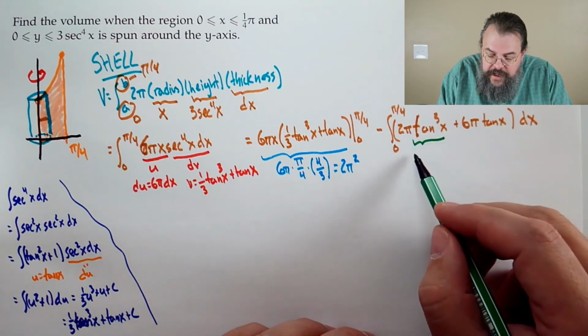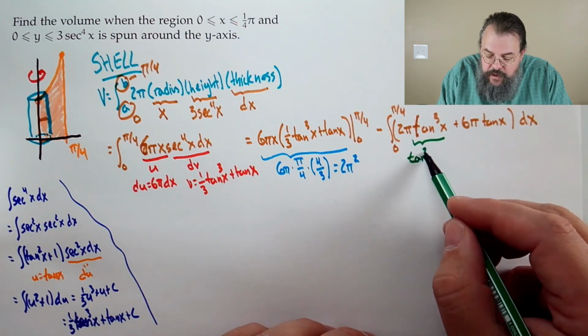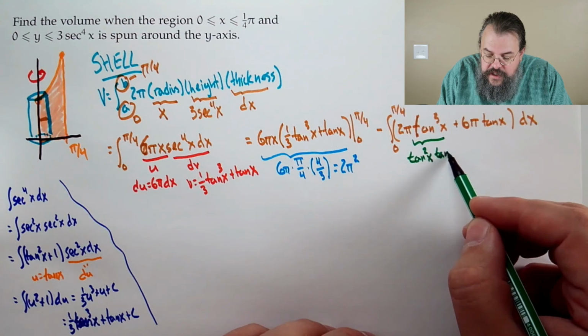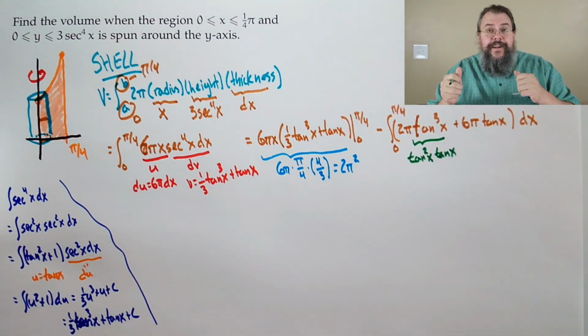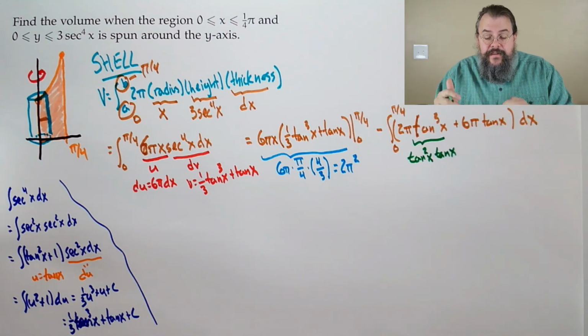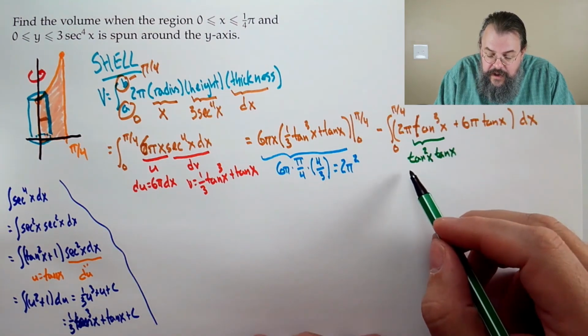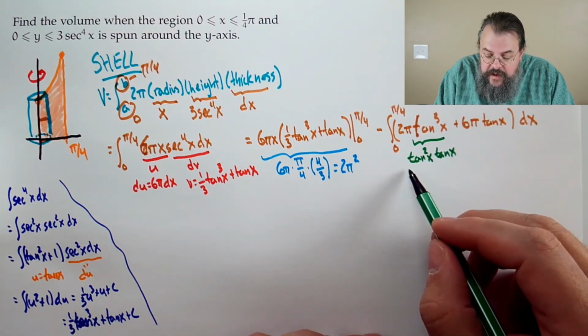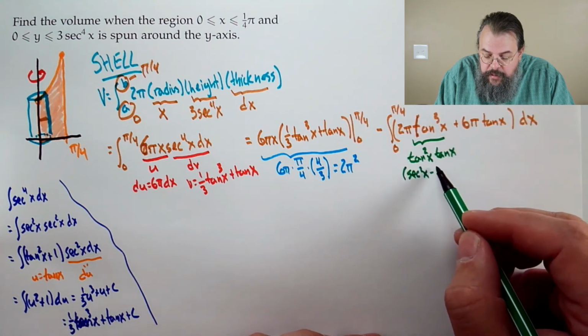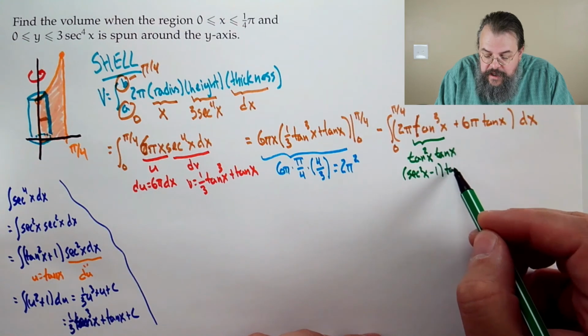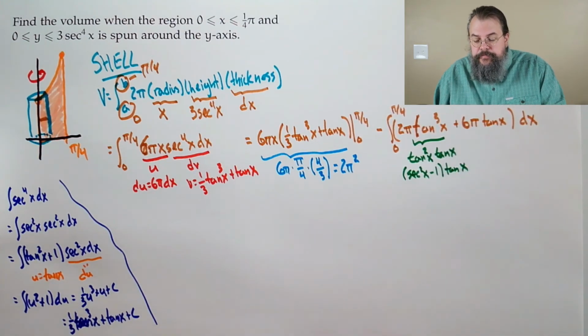We can think of it as tangent squared times tangent. And the reason we want tangent squared is that's our key identity. Tangent squared is connected to secant squared. So this is the same as tangent squared is secant squared minus 1 times tangent x.